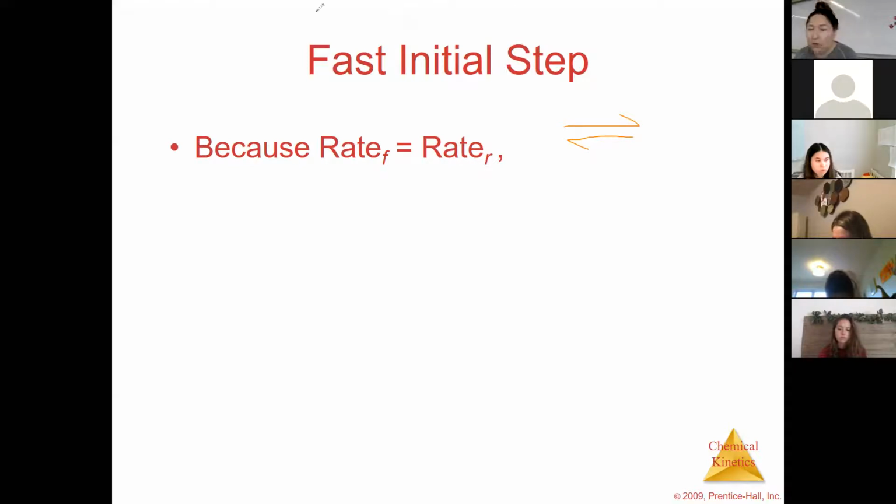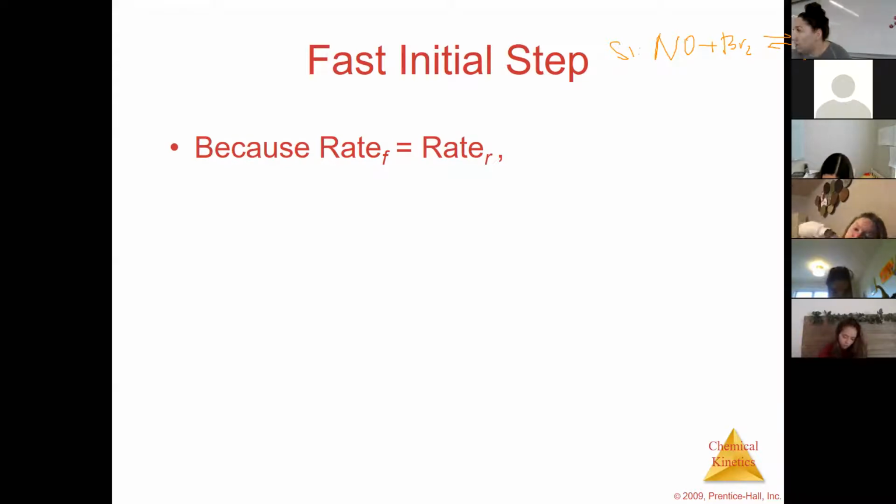I usually use the whiteboard, but let's do our step one. This was from a previous slide. Our first elementary step was NO plus Br2 reversible, or at equilibrium, gives you NOBr2.